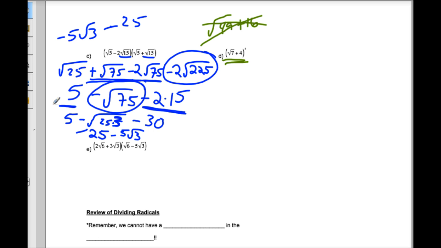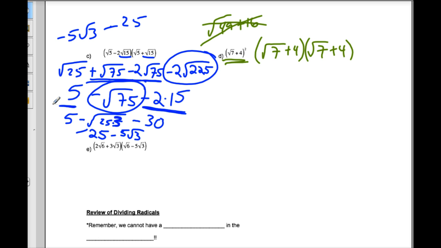So what you got to do is FOIL this. Write it out. Radical 7 plus 4 times itself. And you got to do the whole FOIL thing.